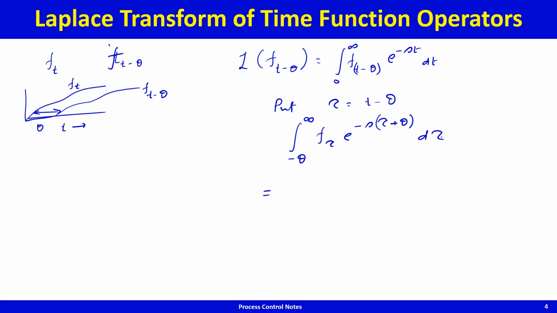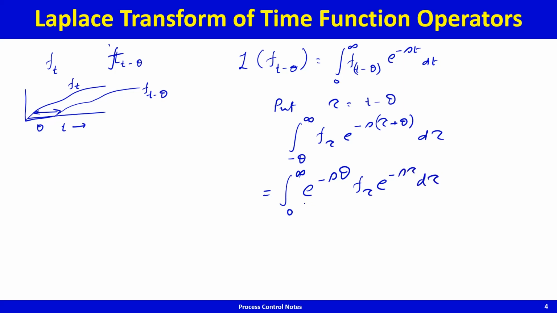And because in Laplace transforms in control systems, the system is always at rest before t equal to 0, from minus theta to 0, f of tau is 0, and therefore this is equivalent to 0 to infinity e to the power minus s theta f of tau e to the power minus s tau d tau.